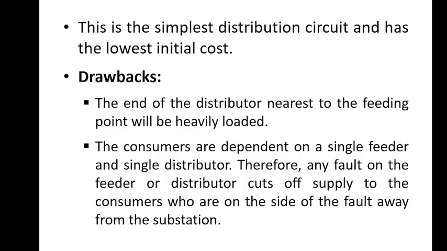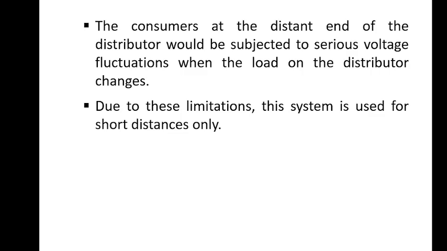So, all right. This slide continues to explain additional limitations of the radial distribution system. Customers located at the far end of the distributor experience significant voltage fluctuations, especially when the load on the system is changing. This is due to a voltage drop along the length of the distributor, which becomes more severe with distance and varying load conditions.